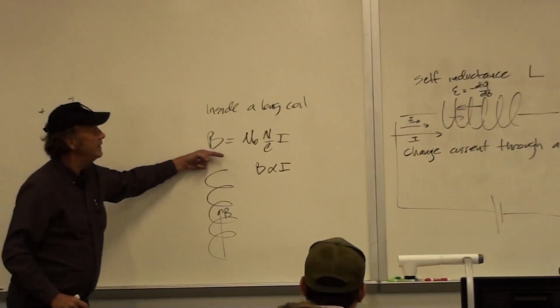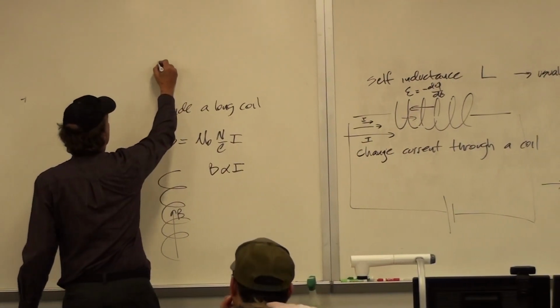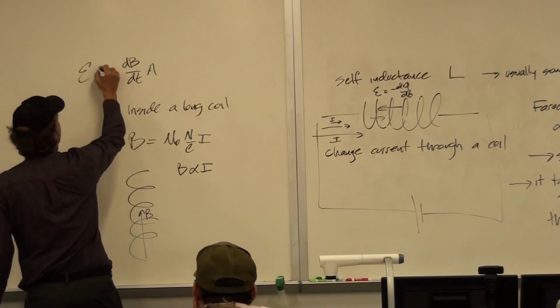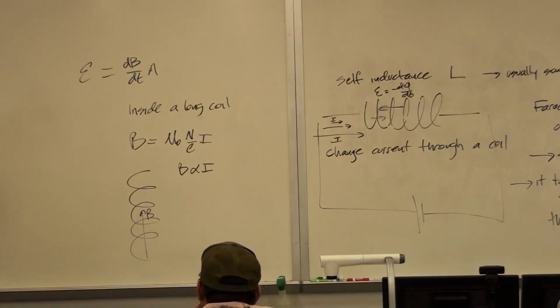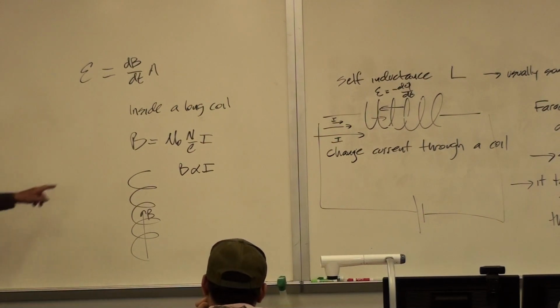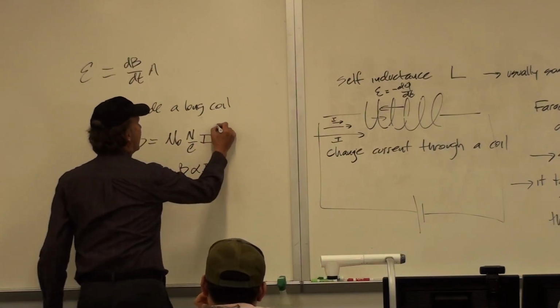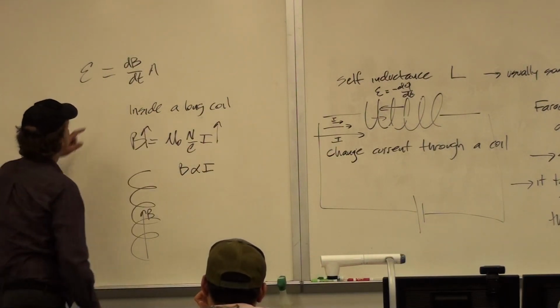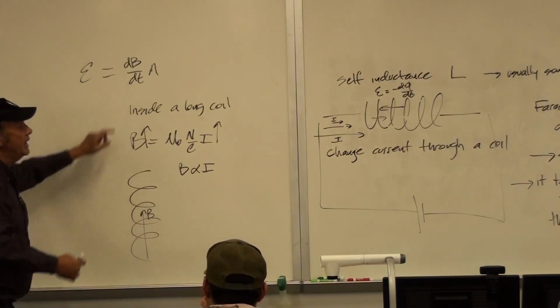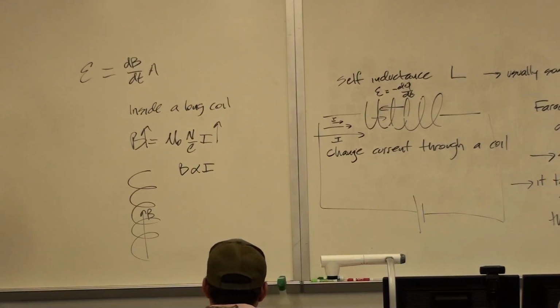Okay, so this is that form dB/dt over a constant area. That's the form of Faraday's law that we're looking at here, because we've got a change in magnetic flux that's caused by a change in the magnetic field. As I goes up, B goes up. So that means that we've got a dB/dt here. And that's something it has to fight against by pushing back in the opposite direction.